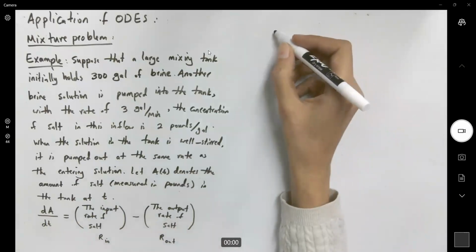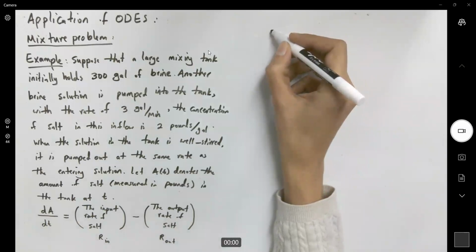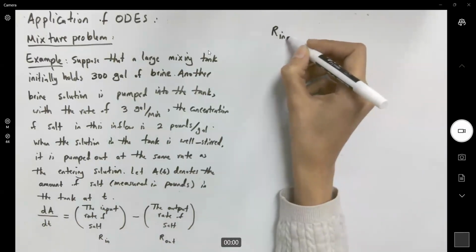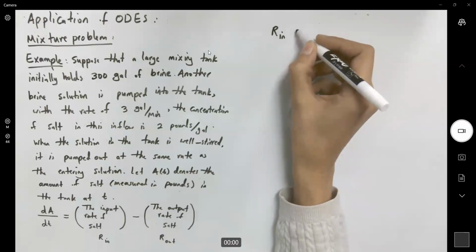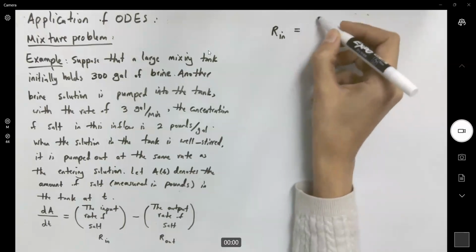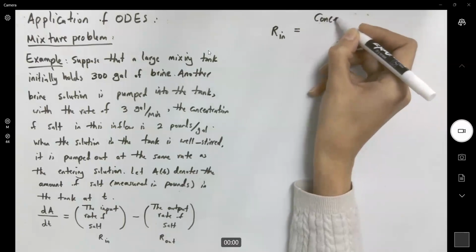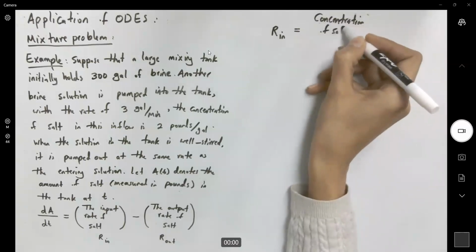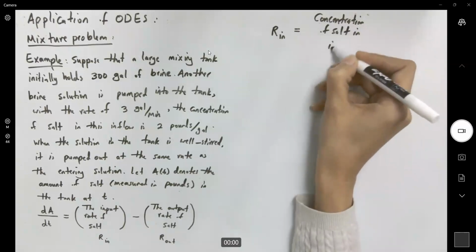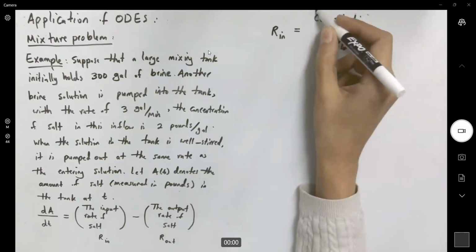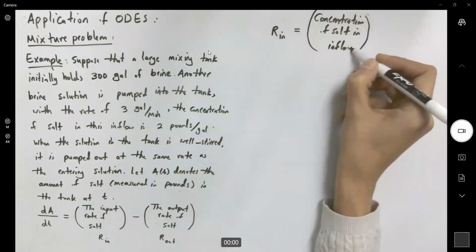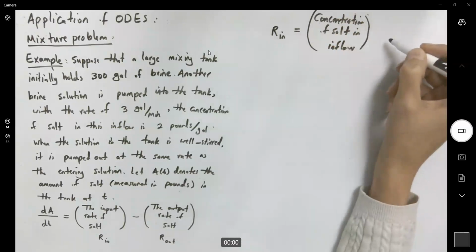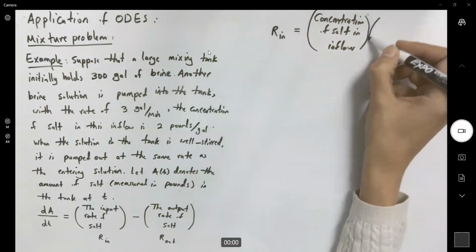First of all, the input rate of salt, R sub in, can be modeled as the concentration of salt in the inflow times the input rate of brine.